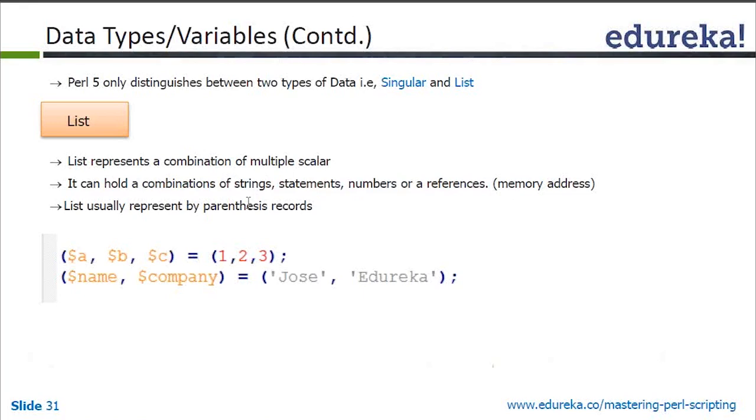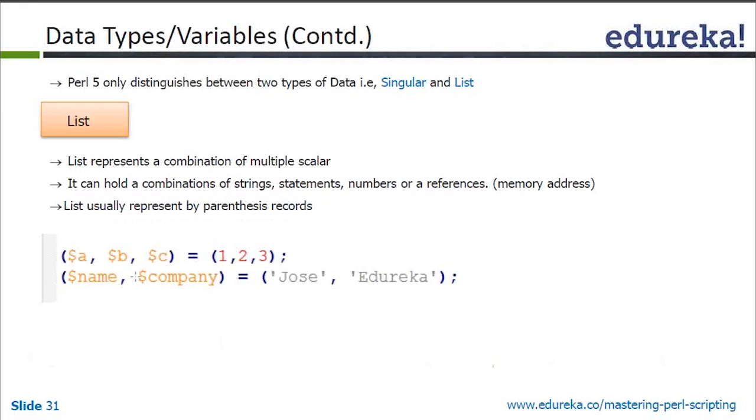by parentheses. Now, how a list works is, a list is a combination of data types. It's a combination of scalars, right? So if you see how it is represented, this is called an array.